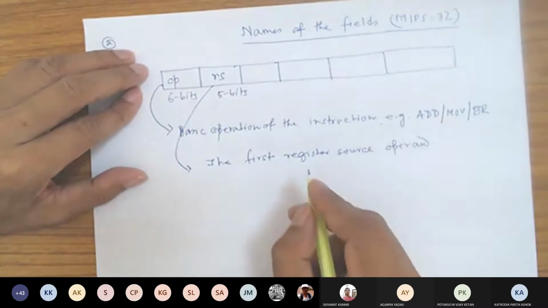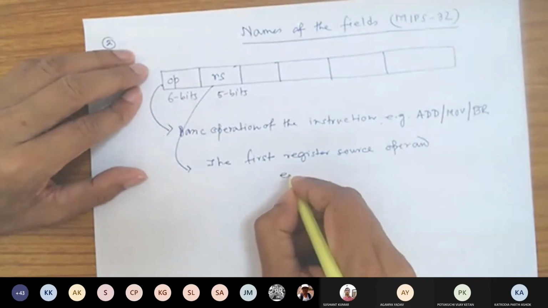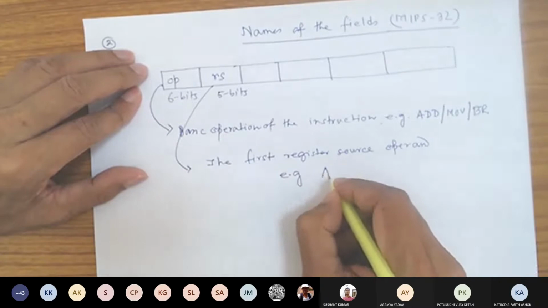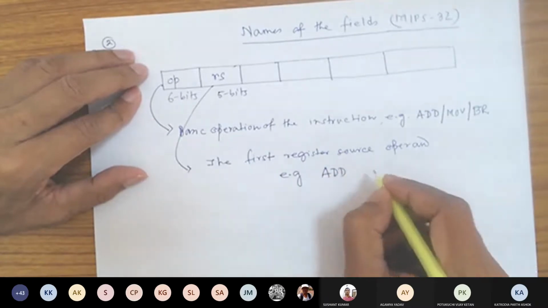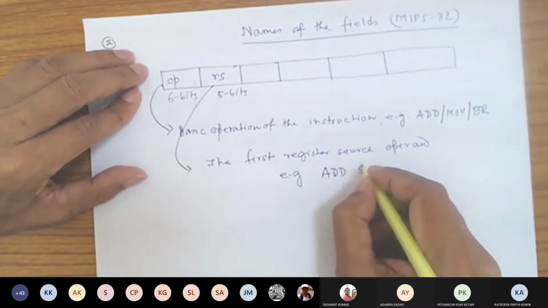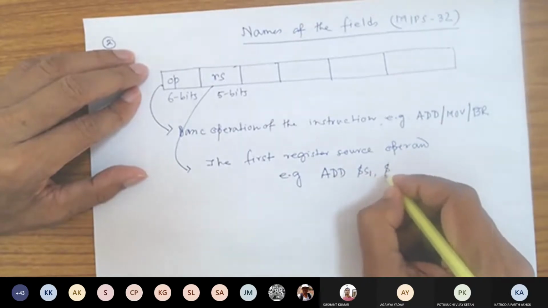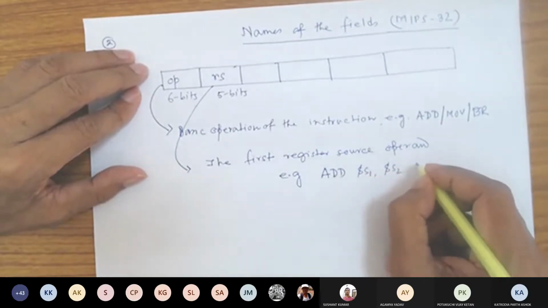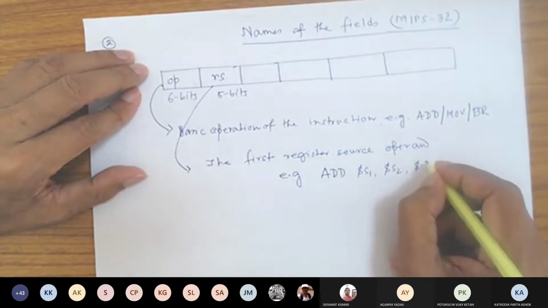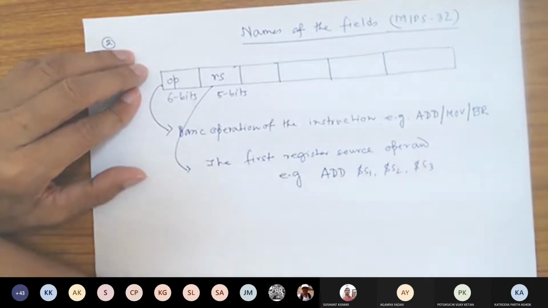Source operand means, if your instruction is add, something like this.